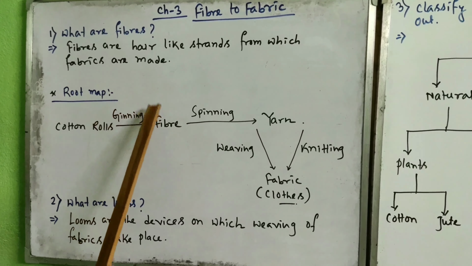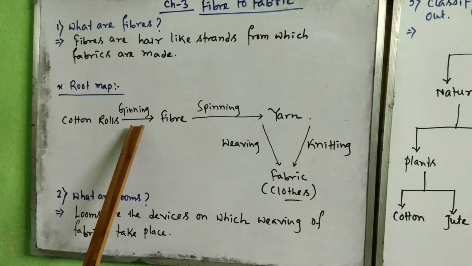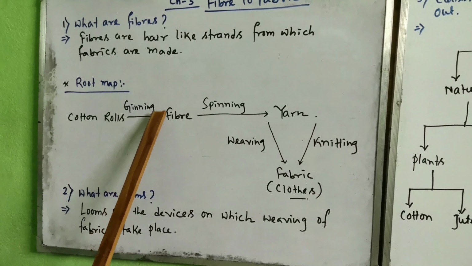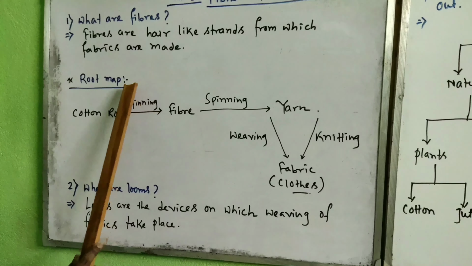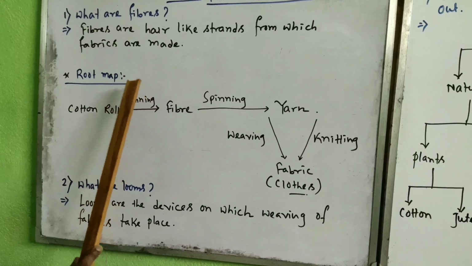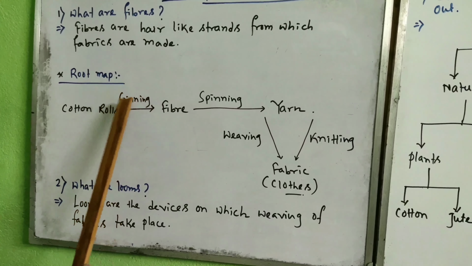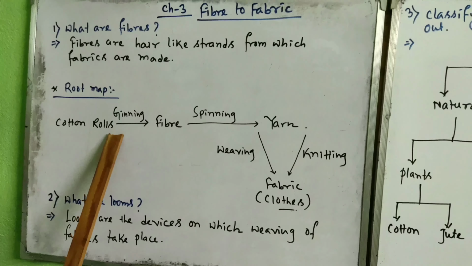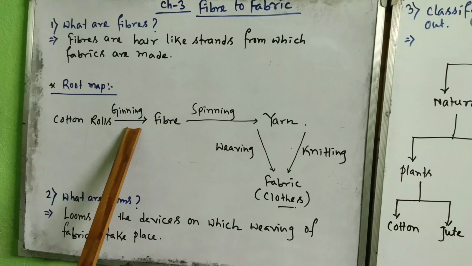Again I am repeating: the process of separating cotton fiber from their seeds. When you arrange the cotton fiber and separate those cotton seeds, that particular process is called ginning. You can do that by your hands or by machines.